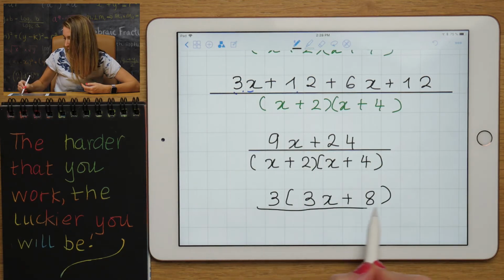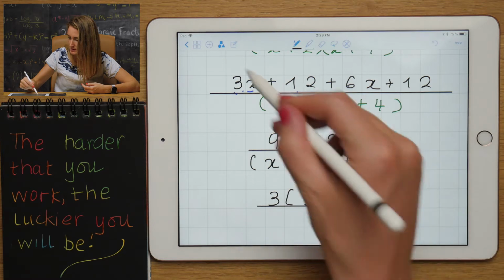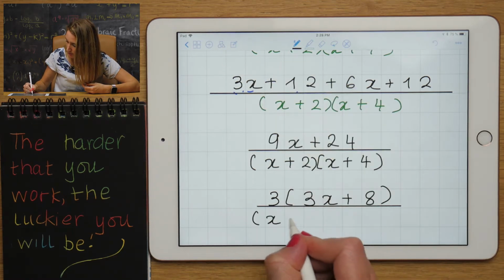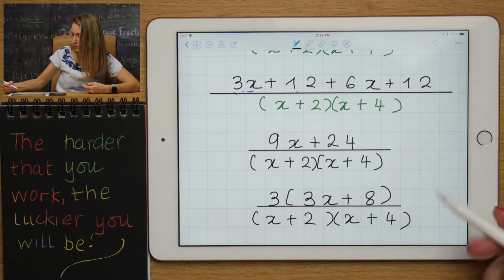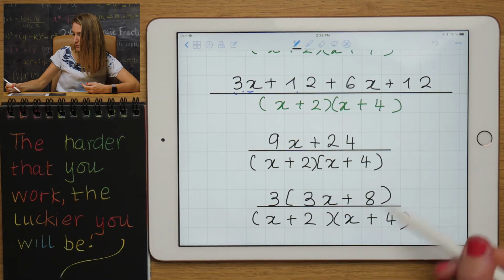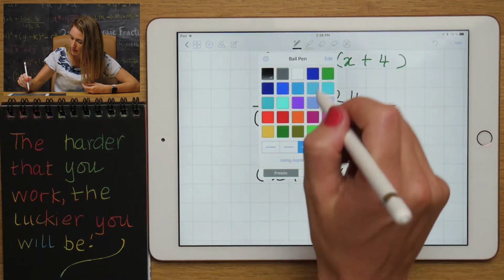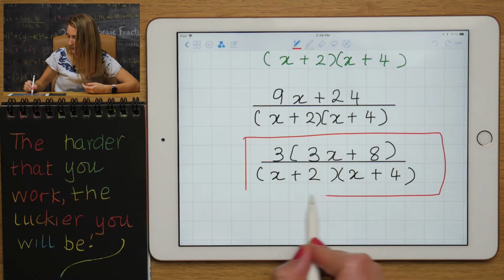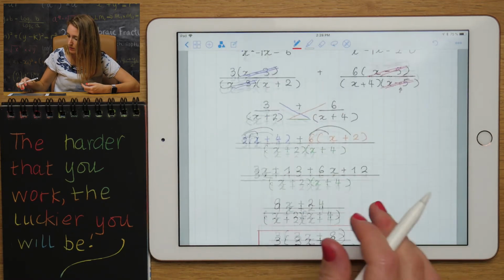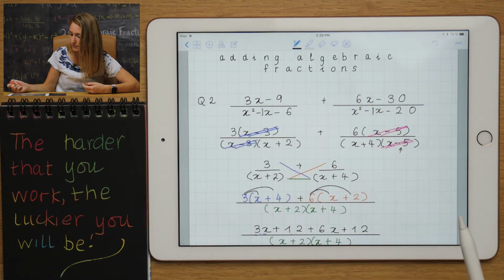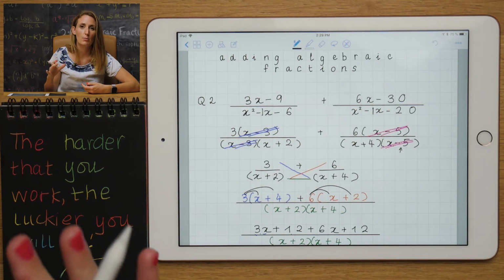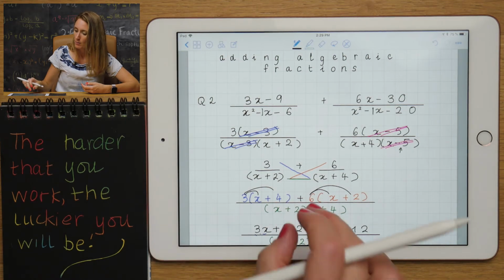Sometimes you might get another cancellation at this step. We can see that none of our brackets are matching. But for example, if on the bottom I had a 3x plus 8, I could do one last cancellation in this question. And that's our final answer. So just to recap the steps, you want to factorize whatever you can factorize and cancel down before you add.